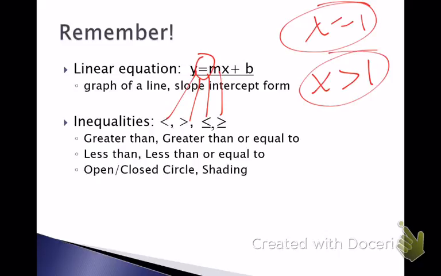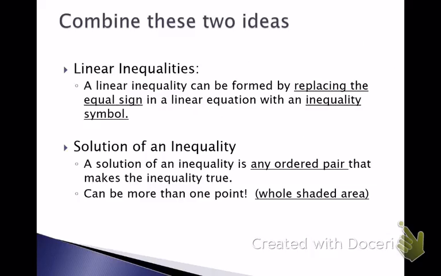Remember that when we did this in one variable, we took a number line and we shaded it, we colored it to show all the solutions for the inequality, right? There was an open circle and closed circle and all that kind of stuff. The same kind of thing happens with two variables when we start graphing lines, okay?